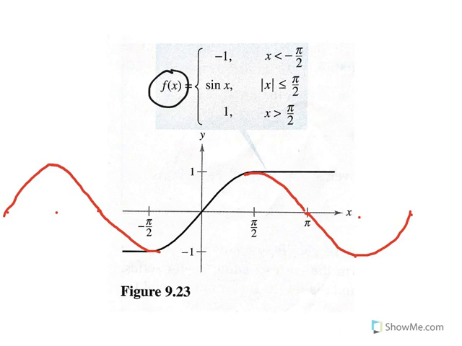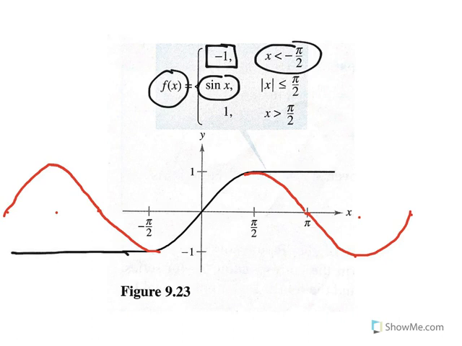The rule for f of x is sine x for x values between negative pi over 2 and positive pi over 2. But if x is less than negative pi over 2, the function is a constant value of negative 1. So you can see that here if I extend the graph. And for x values that are greater than pi over 2, the function f is a constant value of positive 1, and you can see that here as I extend the graph.